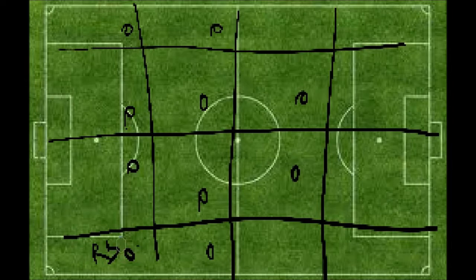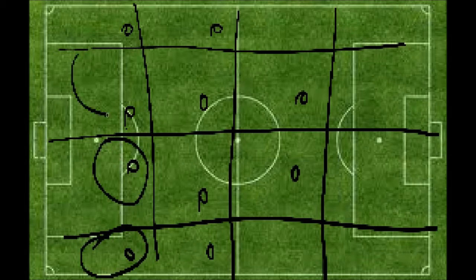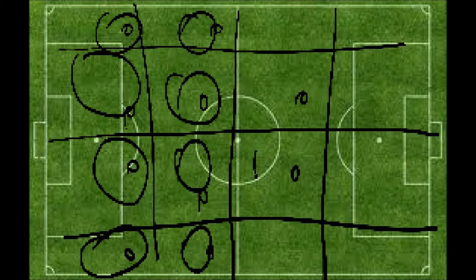What do the boxes signify? The boxes quite clearly signify that a zone has been created for each player, and the zone is the box, as you can make out over here.